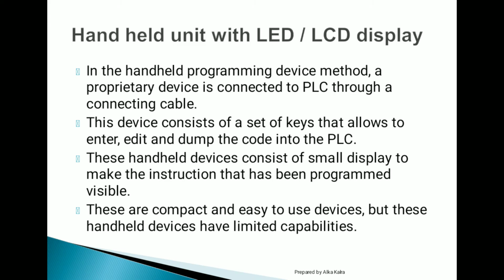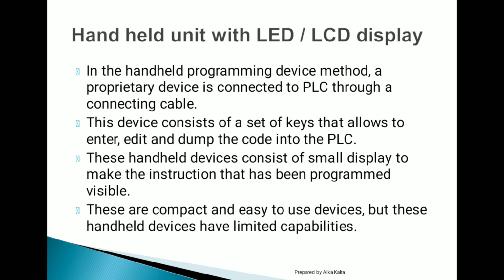The first device is the handheld unit with LED or LCD display. This type of device is connected to the PLC with the help of a connecting cable. It has a set of keys through which the user can enter, edit or put any code into the PLC.